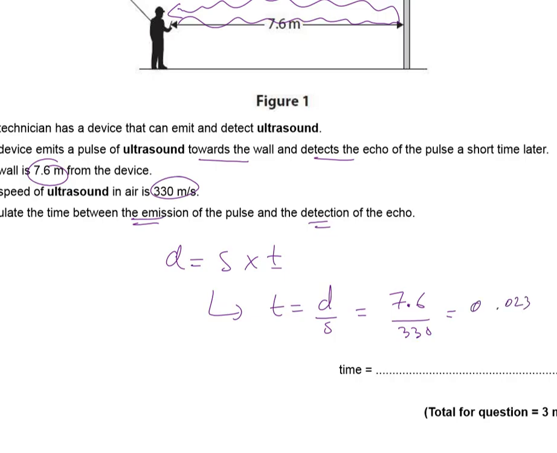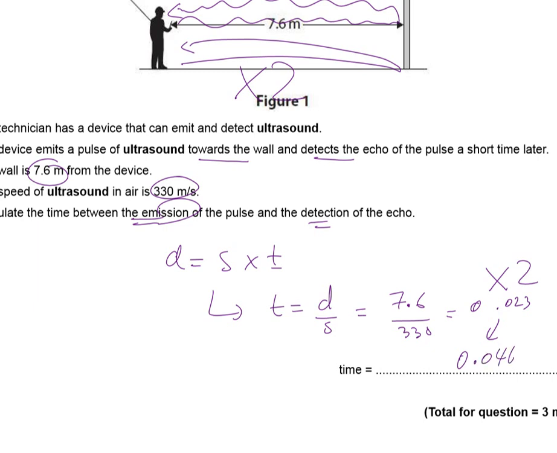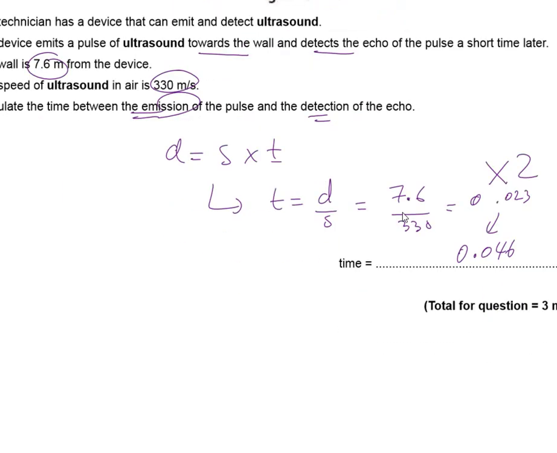Now what we need to do is look for the time between the emission and detection. It goes and then comes back, so therefore it is taking twice as long. So this number needs to be multiplied by 2. It goes and then comes back, twice.